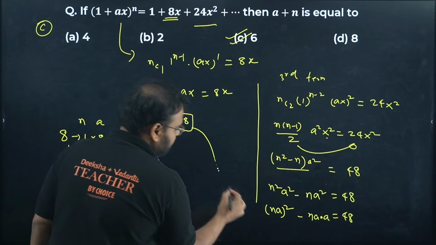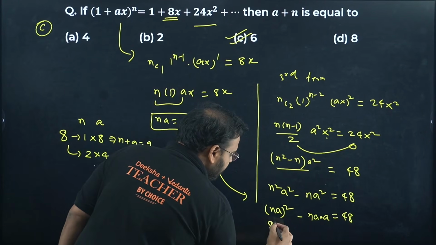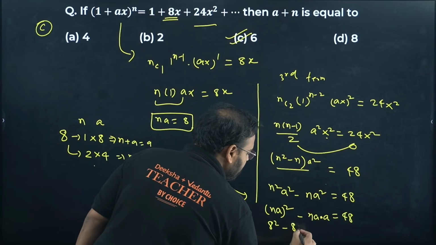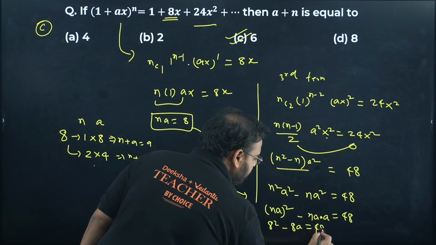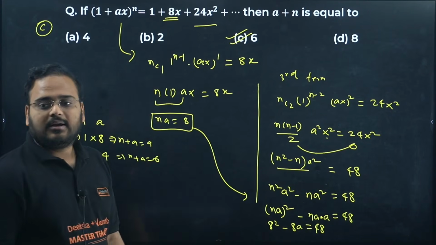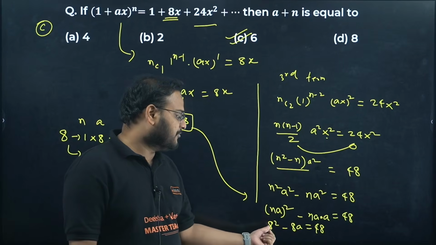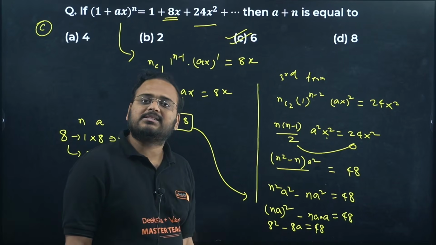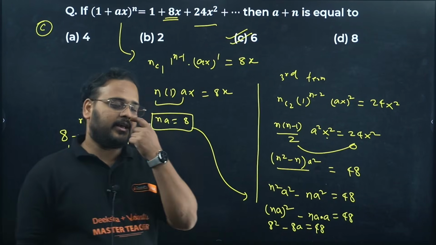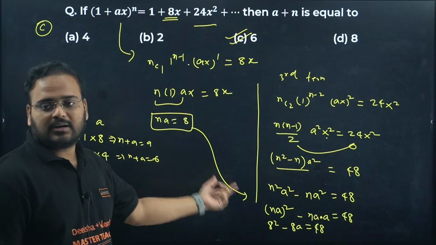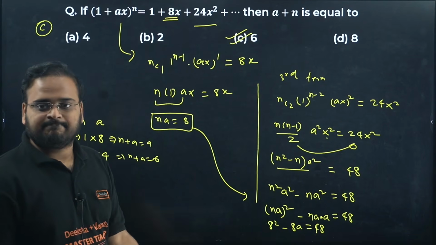So use it here: you get 8 square minus 8a equals 48. It's a linear equation actually. 8 square is 64. Move 48 to this side, it becomes 16. a comes as 2. If a is 2, n has to be 4. Answer becomes again 6. Can you solve it from here?